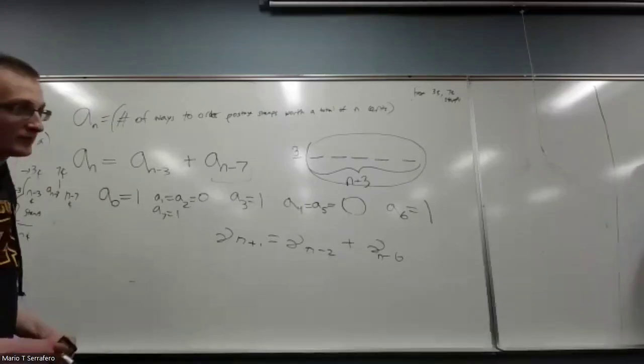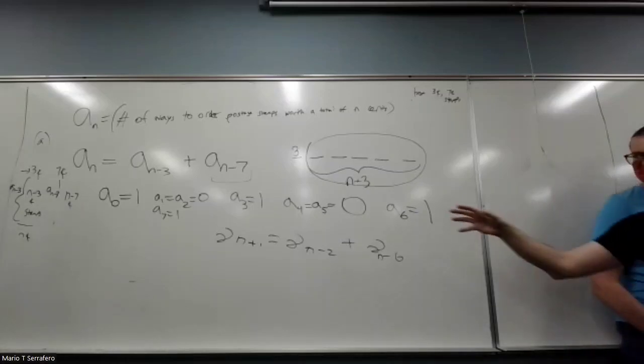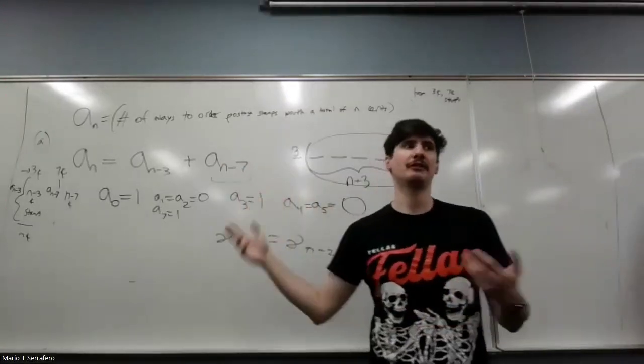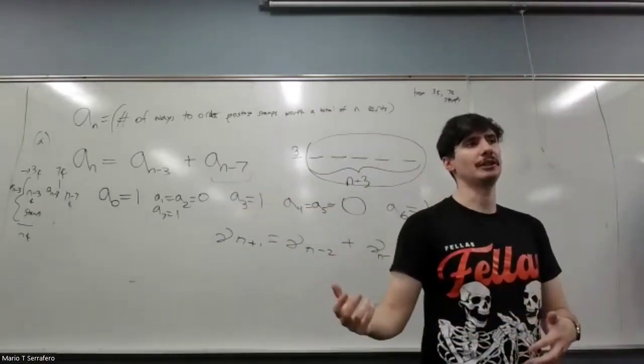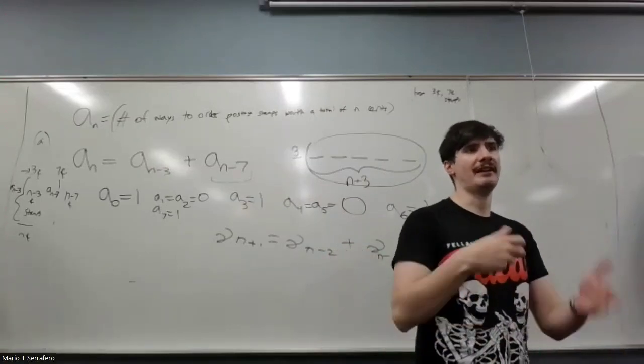Okay. It works nicely when your recurrence relation depends on the immediate previous term or the term two steps behind. But when you have multiple terms, it becomes a little bit harder. If I give you a linear sequence or an alternating sequence, you can probably squint at it and find the pattern.